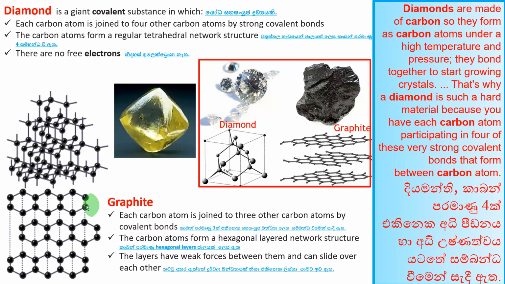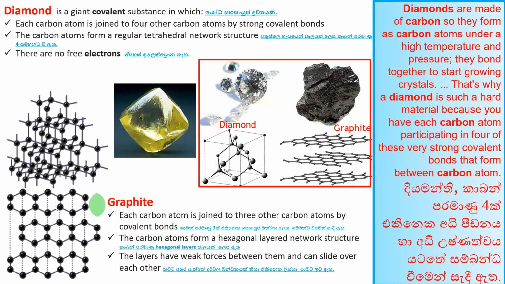Now look at the graphite. Graphite is also pure carbon. Diamond is also pure carbon. The difference is what? Can you guess the difference? Inside the graphite, each carbon atom is joined to 3 other carbon atoms by covalent bonds, the same kind of bonds.